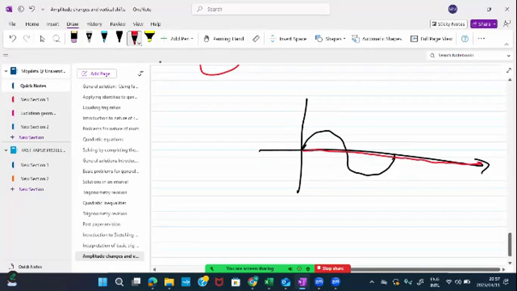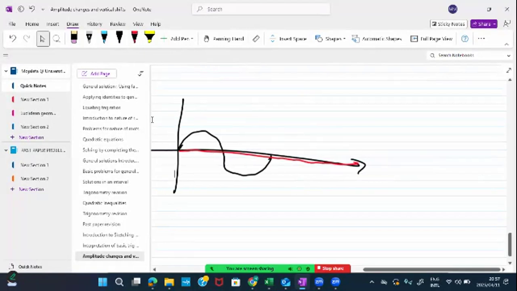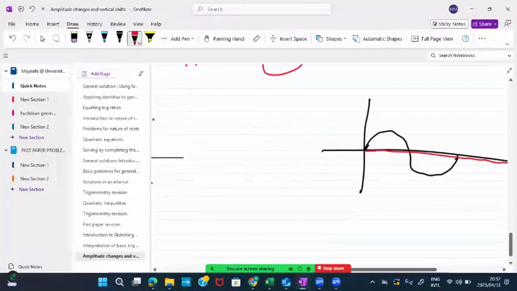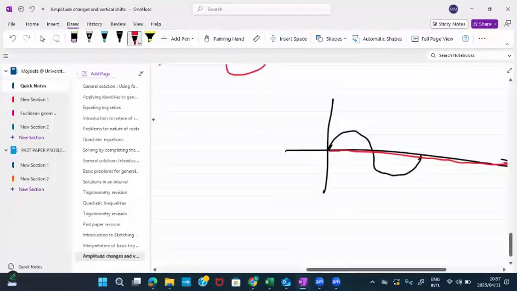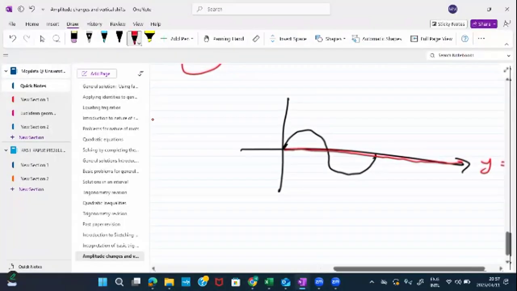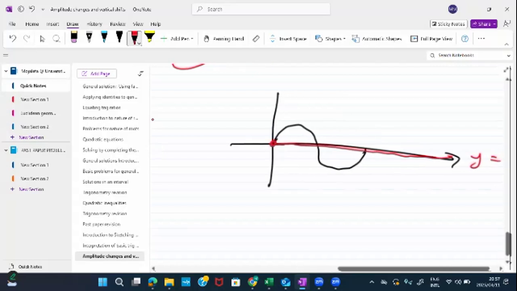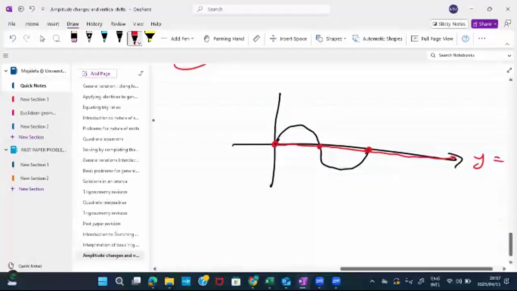That line has an equation of y is equal to 0, right? When the graph shifts, it's also gonna shift with it. Because we're gonna use that as where to start the graph and where to end the graph. You see the graph starts on that line and ends on that line, and it cuts that line. You guys see that?